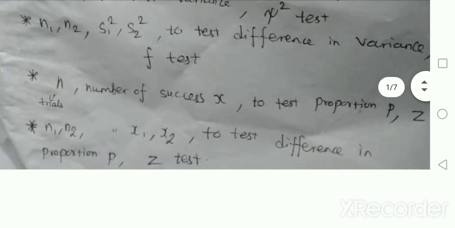Here we can apply the z test. For two samples, two different numbers of trials are given, and out of the trials the corresponding successes x1 and x2, it means the test is testing about differences in proportion, and here also we can apply the z test.